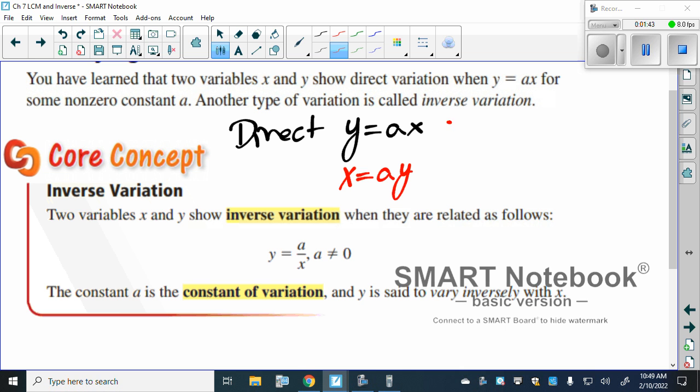Which also means we did have our other variation saying that a is equal to y divided by x. Really, we can also say that a is equal to x divided by y. And it really doesn't matter how it looks, because if it is direct variation, we'll still get the same a all across the board.